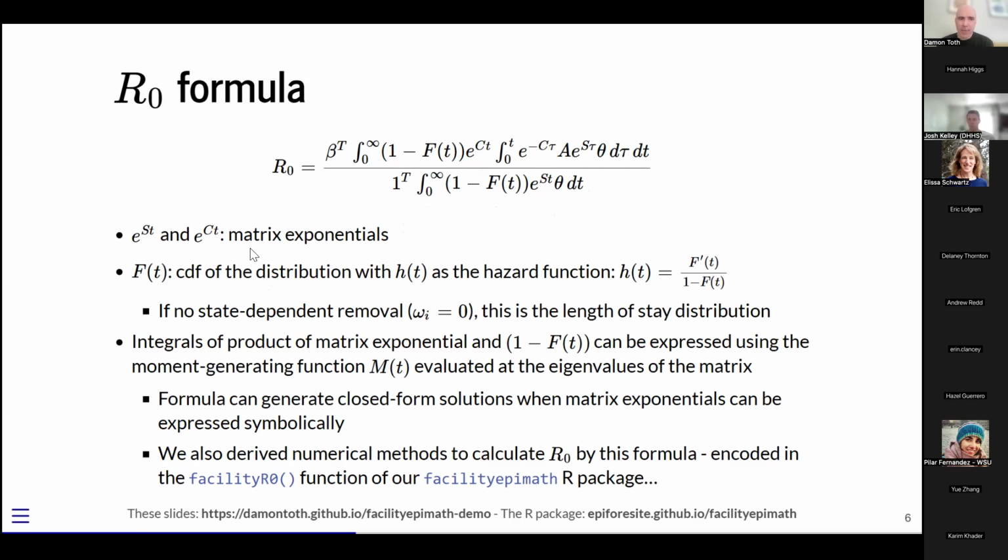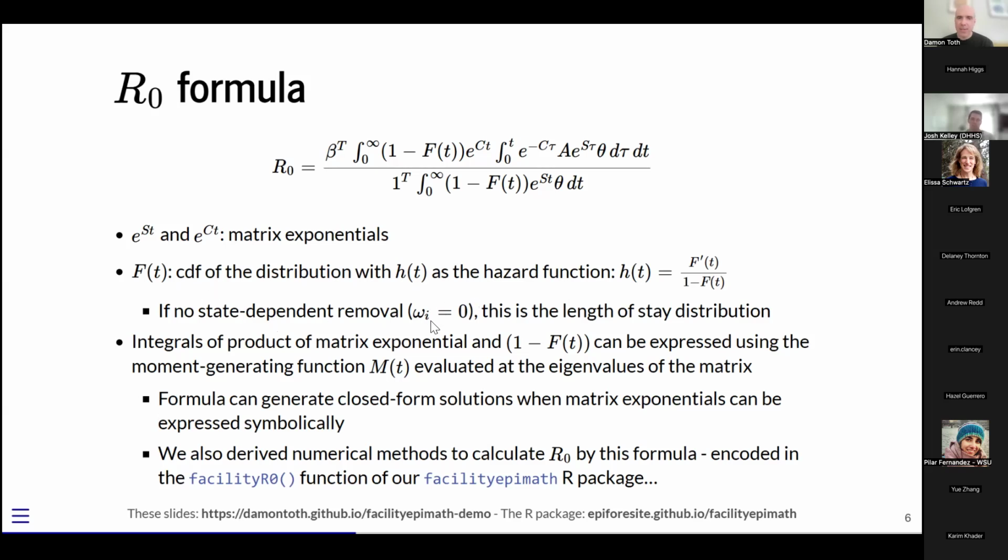It involves matrix exponentials of those two S and C matrices, which are constant matrices. Those are like solutions of a linear differential equation that involves eigenvalues and eigenvectors. This capital F function is the cumulative distribution function of the distribution where H of t is the hazard function, which are related this way.